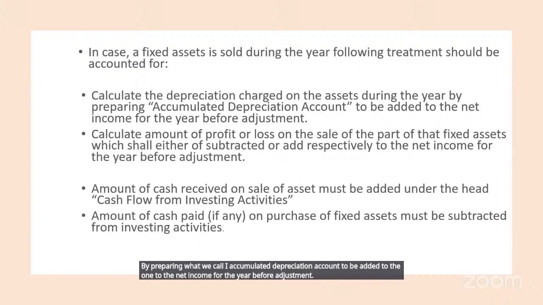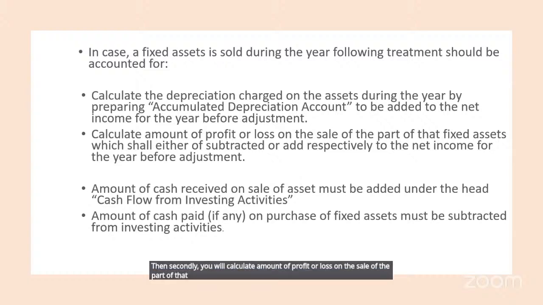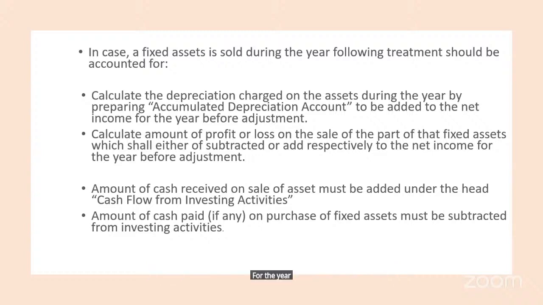Then secondly, we calculate the amount of profit or loss on the sale of that fixed asset, which shall be either subtracted or added respectively to the net profit for the year before adjustment. And then what do we do?